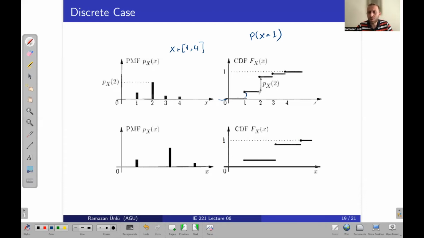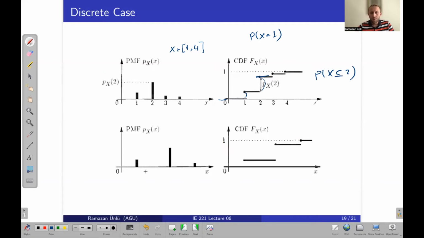And at point 2, there will be another jump, and that will be the probability of x equal to 2. And then again, there will be another jump, and this line corresponds to the probability of x less than or equal to 2.